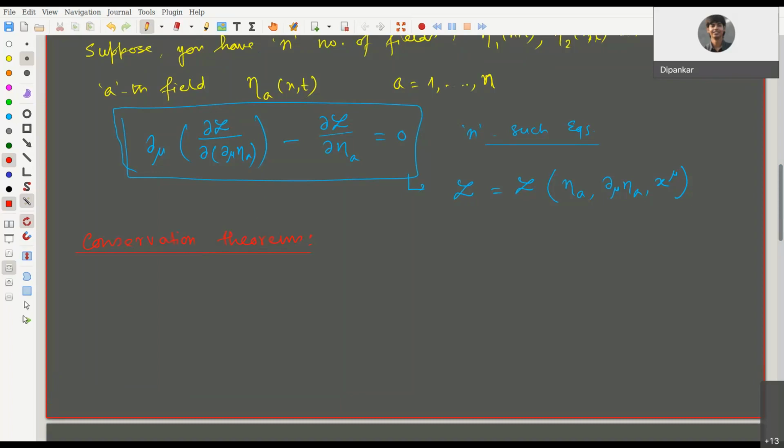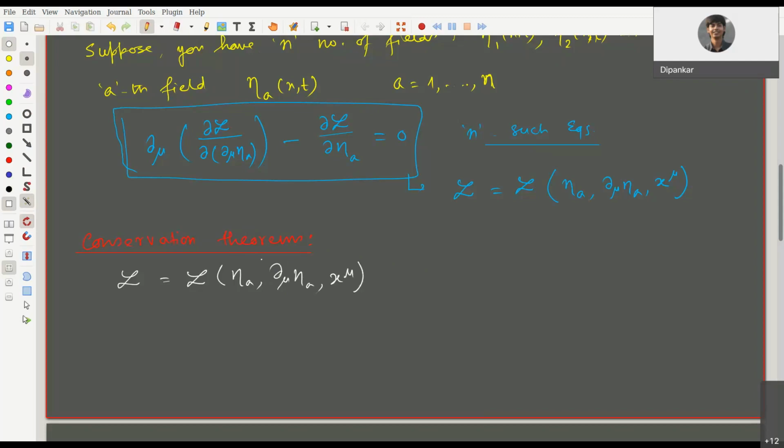Again, I start with this Lagrangian, which is in general a function of eta a, the derivatives of eta a, and x mu themselves.